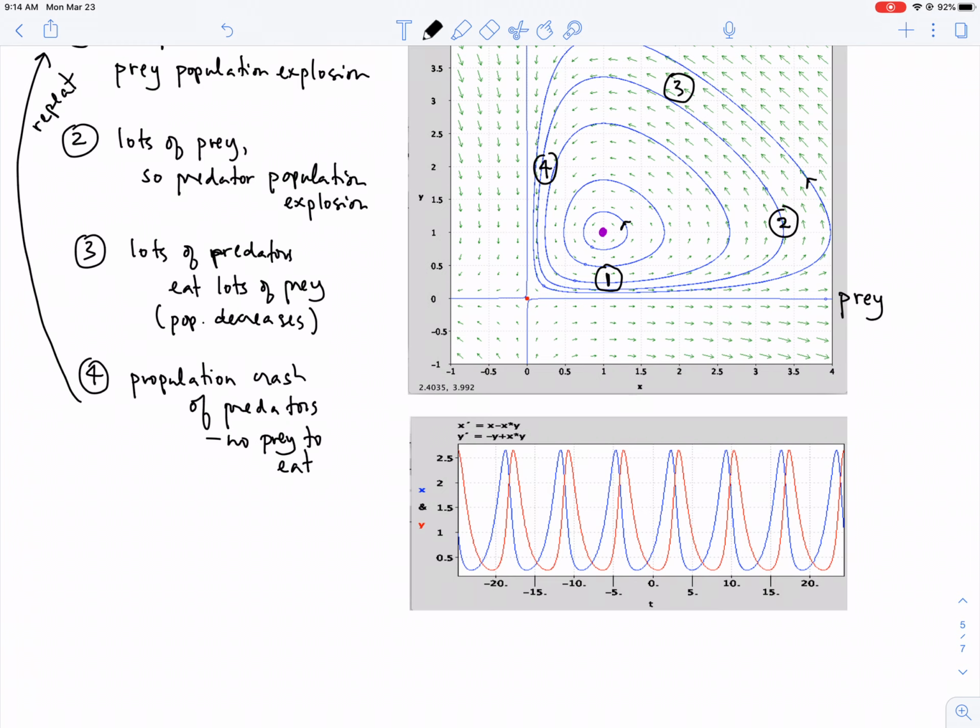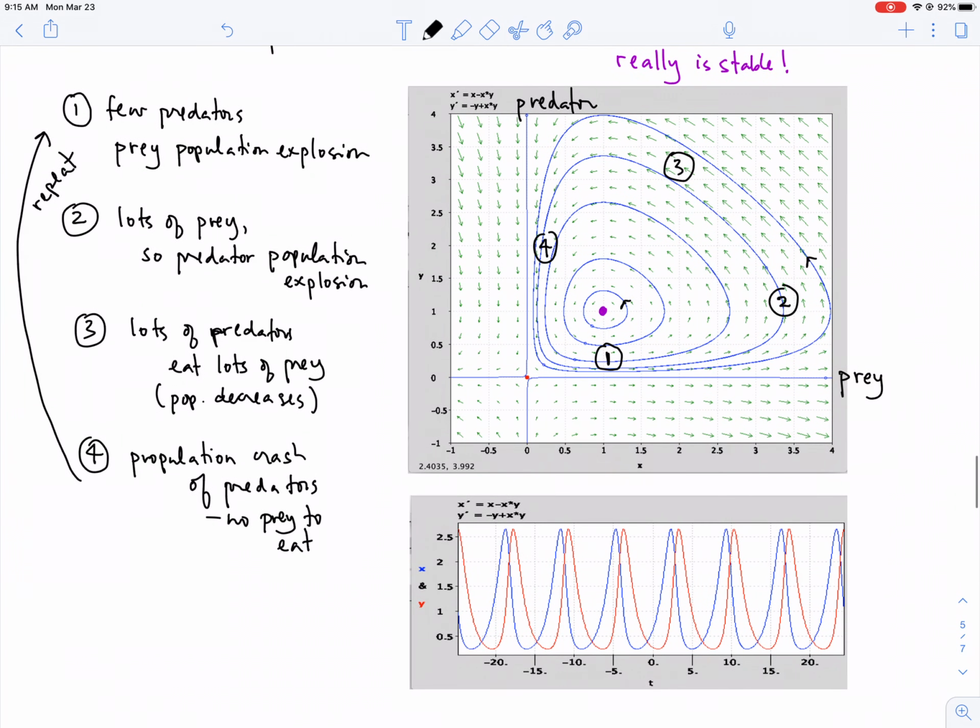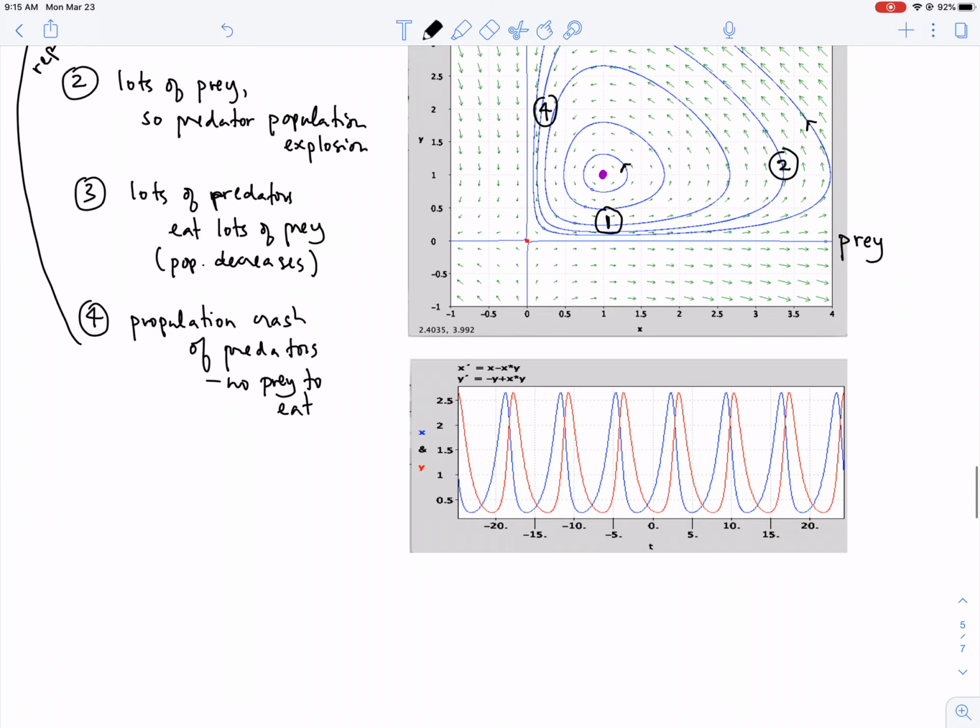Okay, and so we've seen on p-plane how you can draw the phase plane with the solutions x of t, y of t, and you can also separately draw the graphs of x and y versus time.